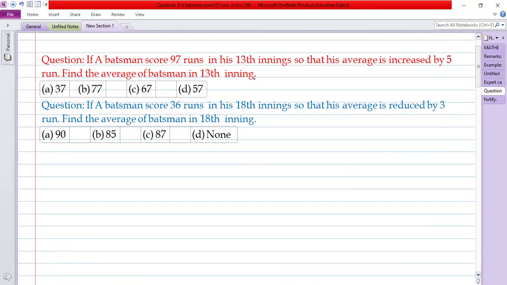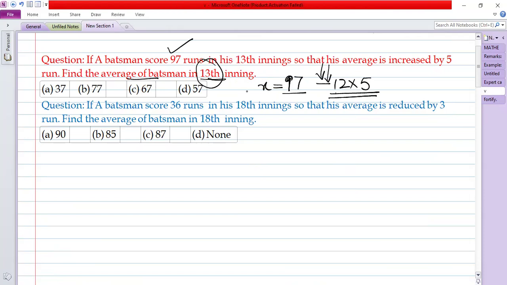So the shortcut technique was this: in the case of average up to the 13th inning, to find the average of the batsman up to the 13th inning, I will subtract the total increment or total improvement up to the 12th inning. And I will subtract this from where? From the 97, the performance in the last match.